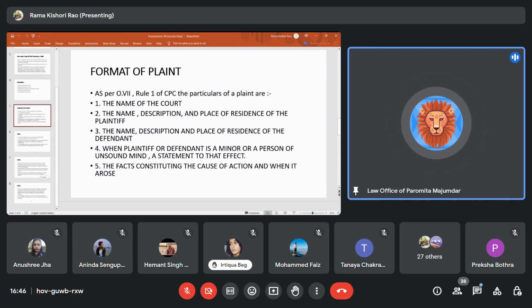You first go through all the documents and you collate them in a manner so that you don't go in a haphazard way. So the facts are completely on you, whatever you have to write in a chronological manner. And then the next slide.